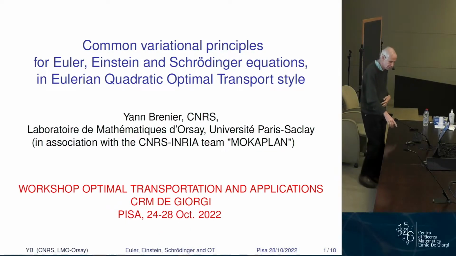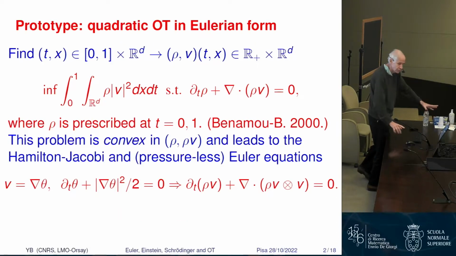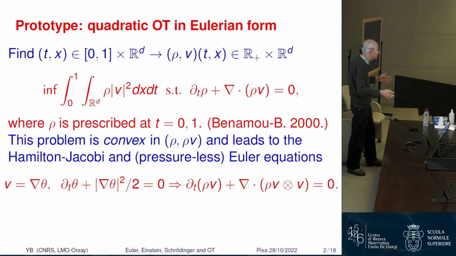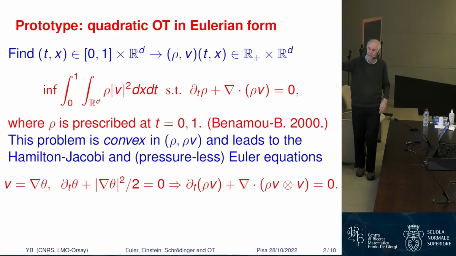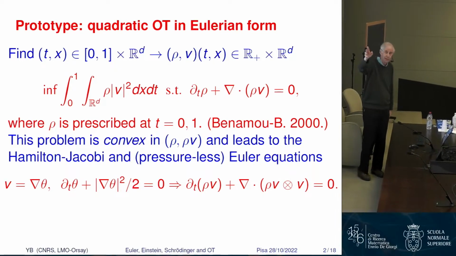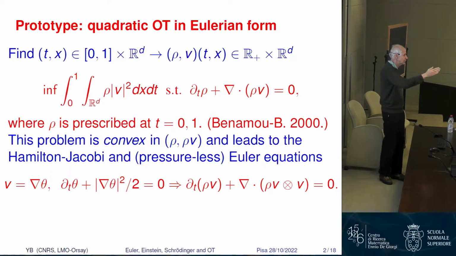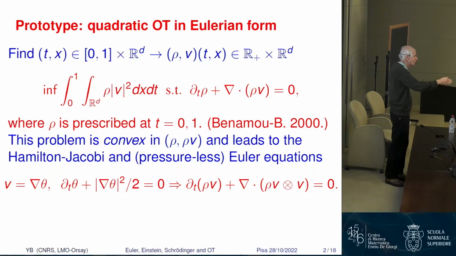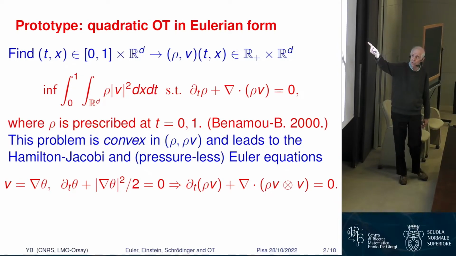And the goal of this talk is to show that you actually find... let me just refresh your memory, or if you didn't attend the first part of this week. I just remind you of this formula: if you are given two densities rho 0 and rho 1, you look for a kind of fluid of density rho and velocity v, interpolating between rho 0 at time 0 and rho 1 at time 1, subject to the continuity equation.